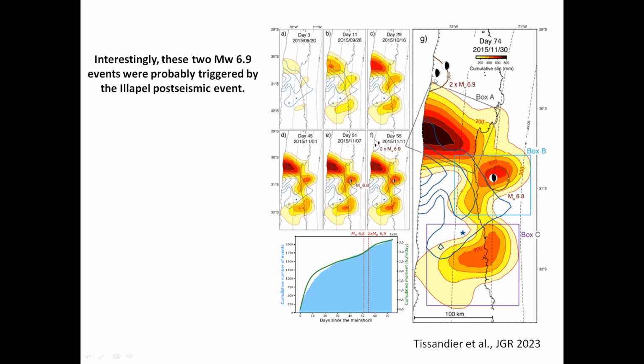And the events that occurred 3 months after the main shock are very close to the post-seismic, and a good hypothesis maybe is that the post-seismic of the Illapel earthquake triggered these two very close to trench events. But this is an observation.